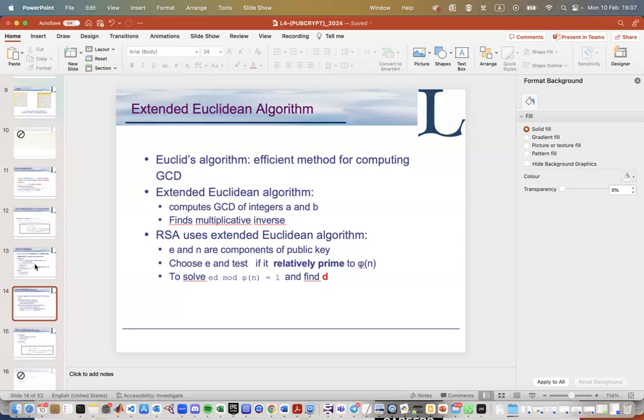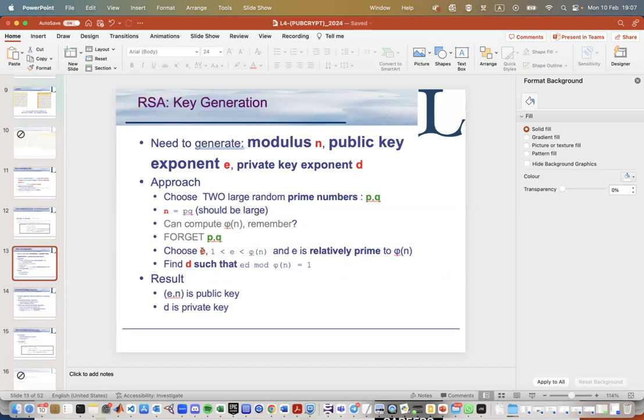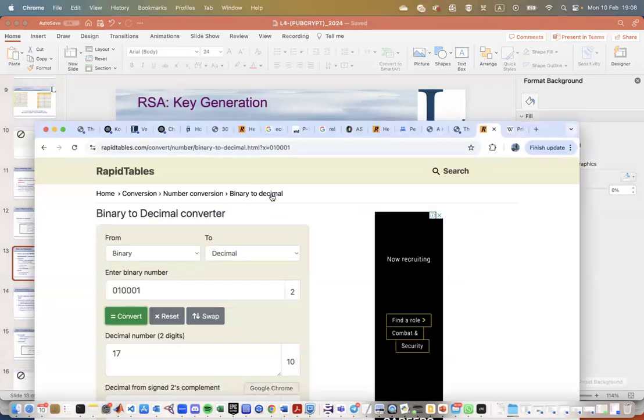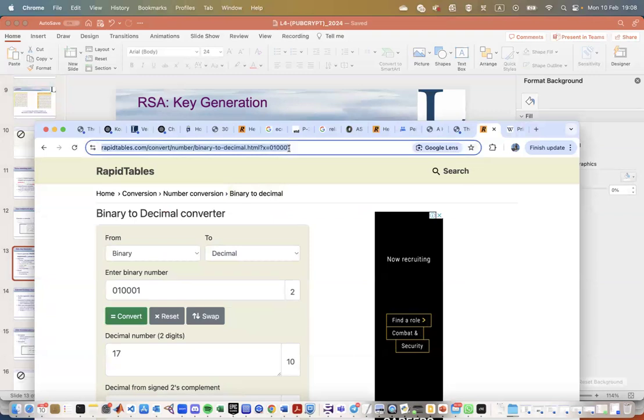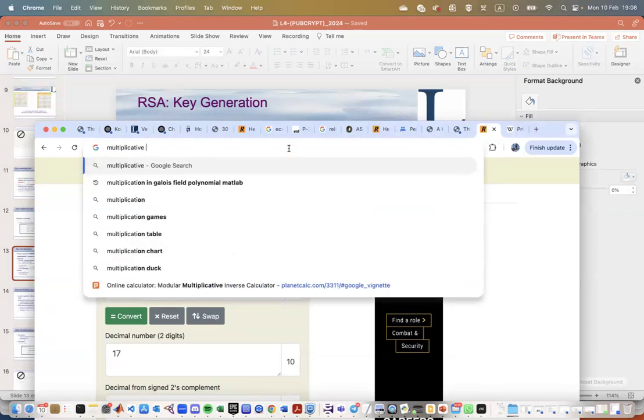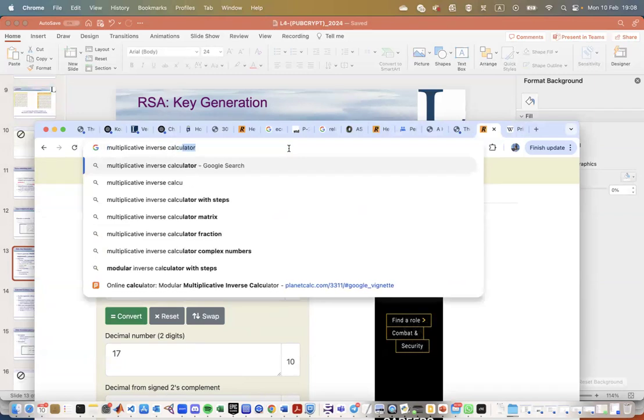So whenever you are asked to find, for example, given an exponent and knowing this totient function, which is phi of n, this number, you could be asked to find D, which is the multiplicative inverse of E, so that it satisfies this equation. For this purpose, practically, you can use any online multiplicative inverse calculator.